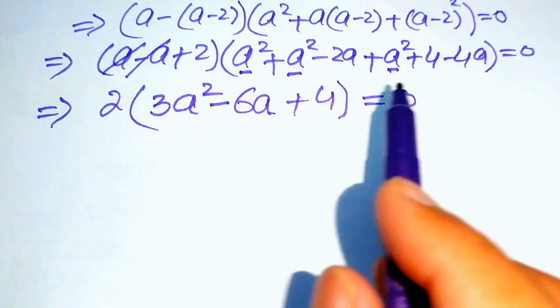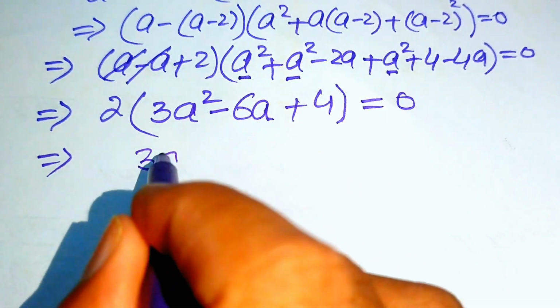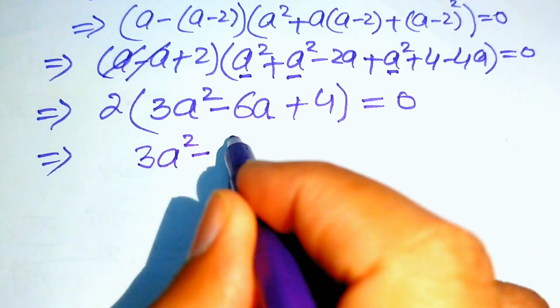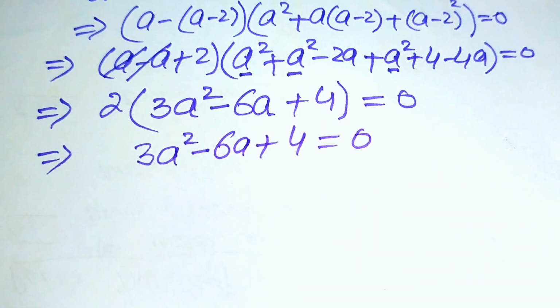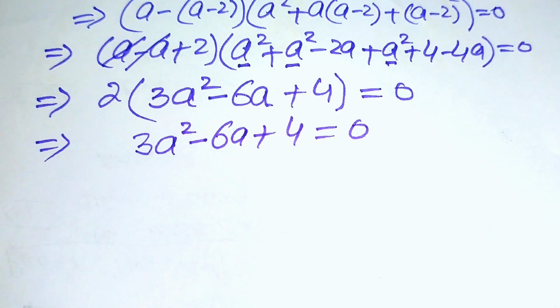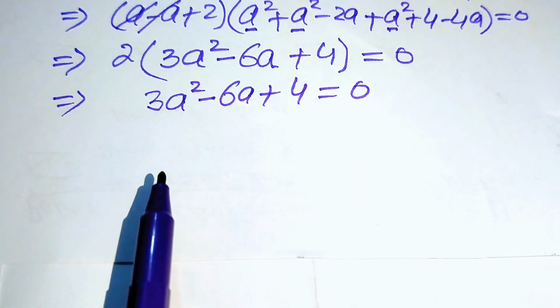Now we move this 2 to the right hand side, and it becomes 0 over 2, which is 0, and we obtain 3a squared minus 6a plus 4 equals 0. Now we get this nice quadratic equation, and we solve it by using the quadratic formula.